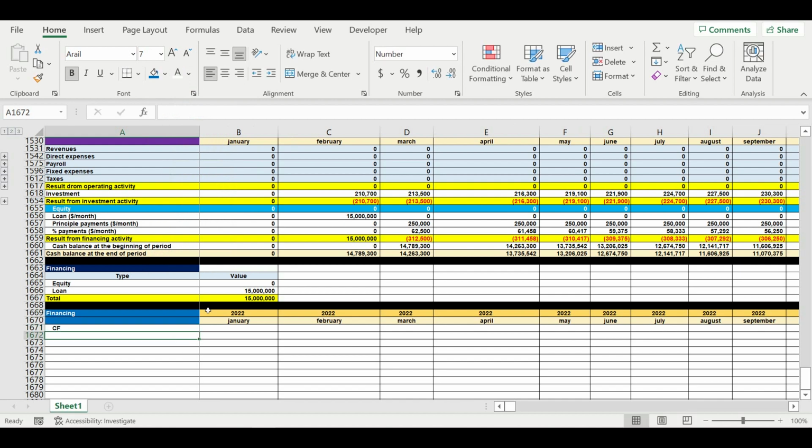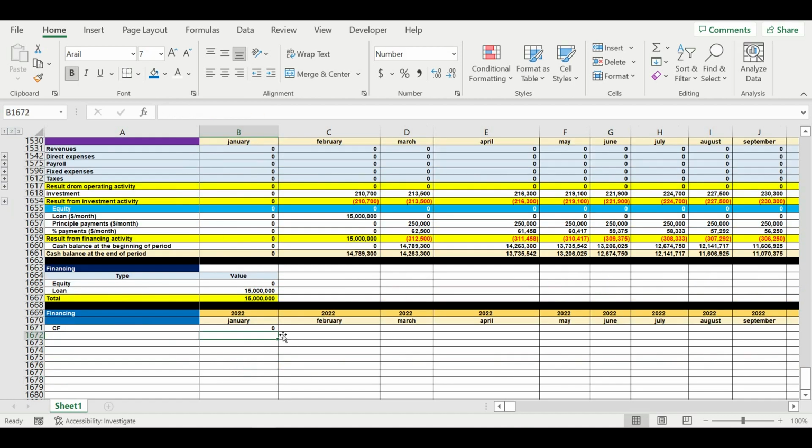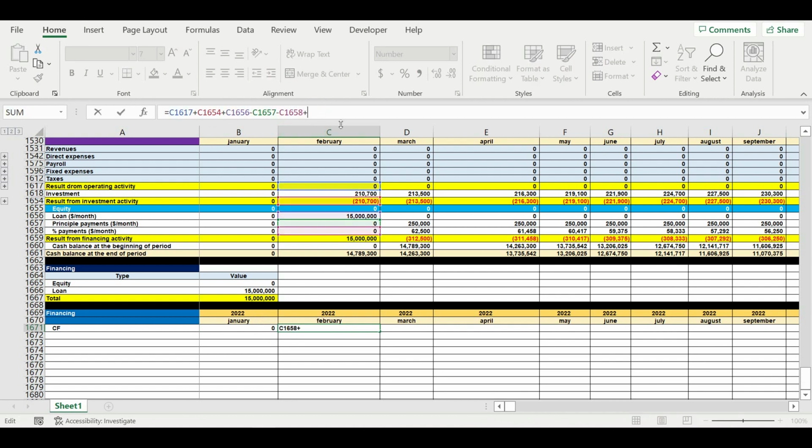This will be some kind of cash flow. What I will do is take operating activity plus investment activity plus loan minus principal payments minus interest payments, press enter, then extrapolate this formula to the right. Then I will make this formula cumulative, adding the previous value, press enter, and extrapolate this to the right.